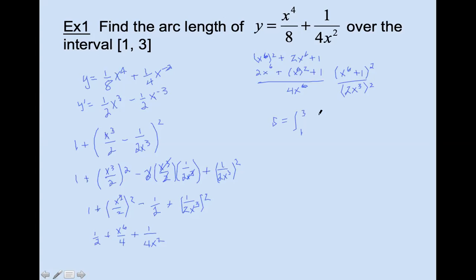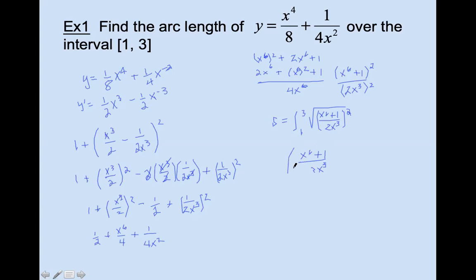I now have this entire thing underneath the square root: x to the 6th plus 1 over 2x cubed, that entire quantity squared. And so the square root is going to cancel with the squares, and I am left with x to the 6th plus 1 over 2x cubed.